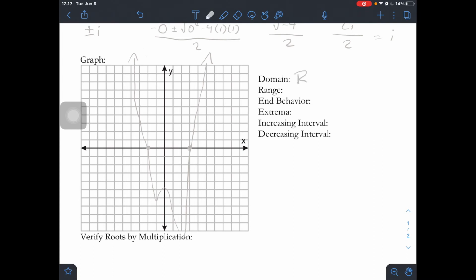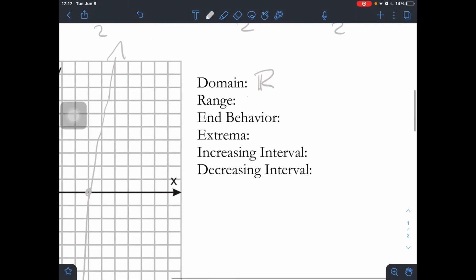Our range is going to be, as I've said, the lowest absolute extrema is at roughly -20. To be exact, it's at -20.019, rounded to the thousandth place. So the range is going to be -20.019 to positive infinity.